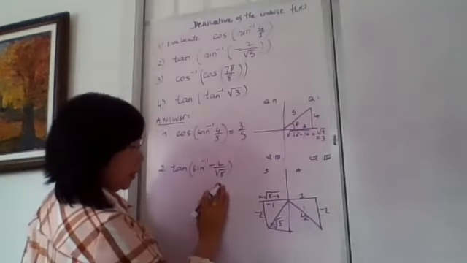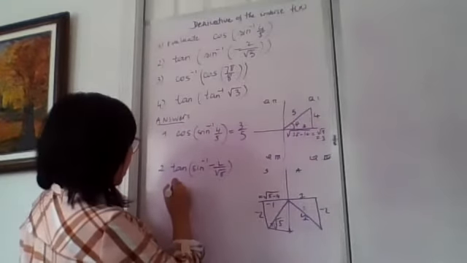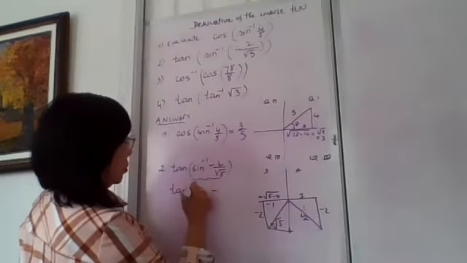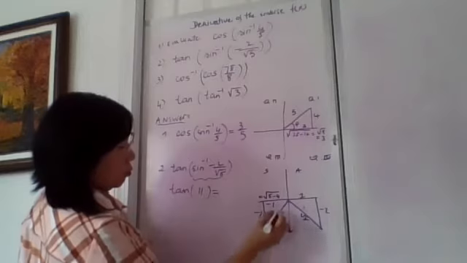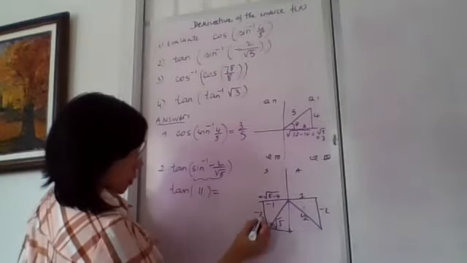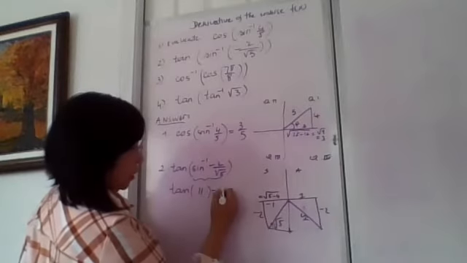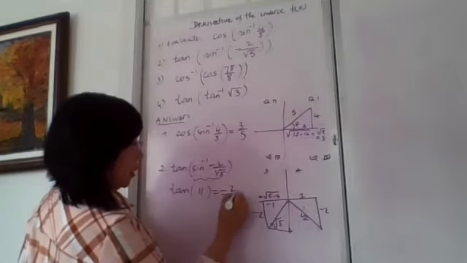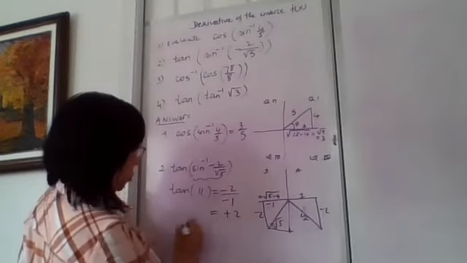If we have a side negative, so tan of this angle equals opposite over adjacent. So opposite is minus 2 over adjacent. So case 1 will be minus 2 over minus 1, and that will give you positive 2.